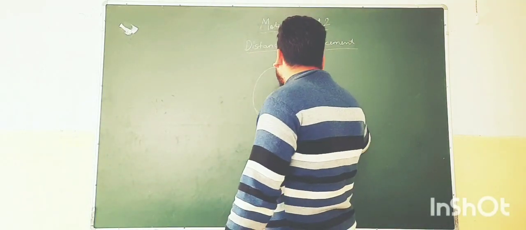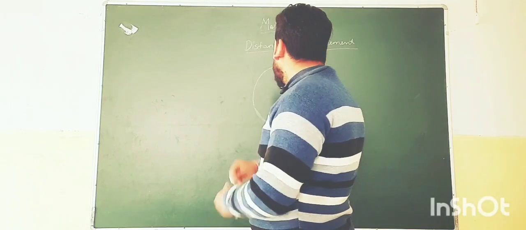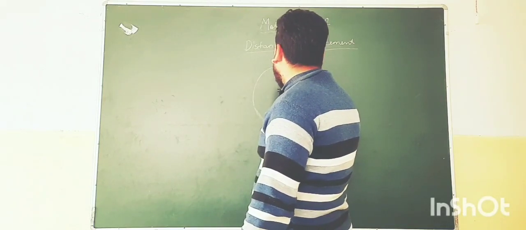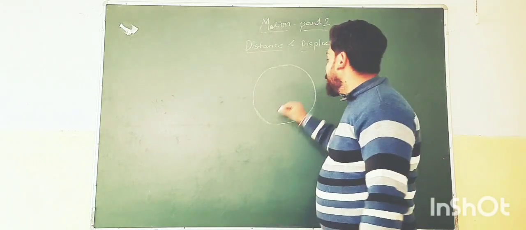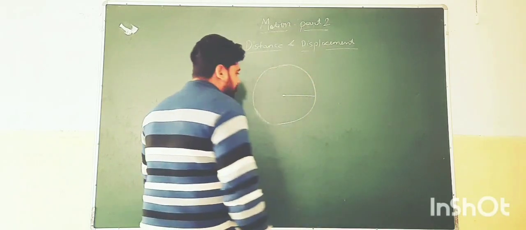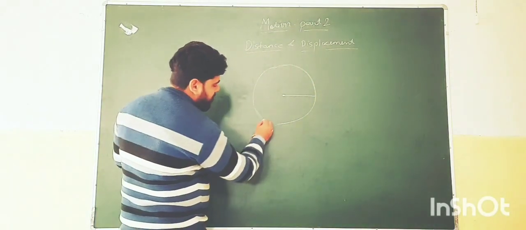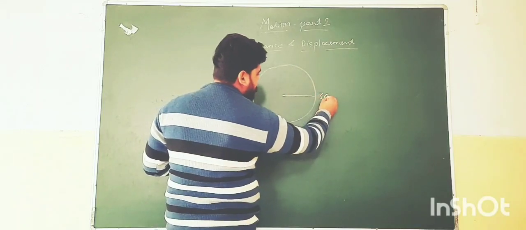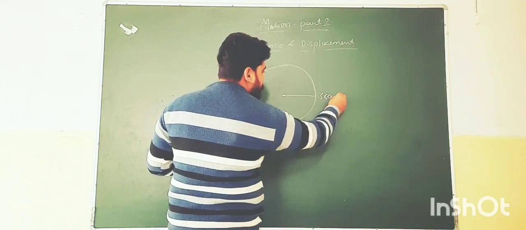But if I am taking the circular motion, okay, that is the circle. Here, if I am taking this circle, the one object is here. Total path, we will say that it is 360 meter.